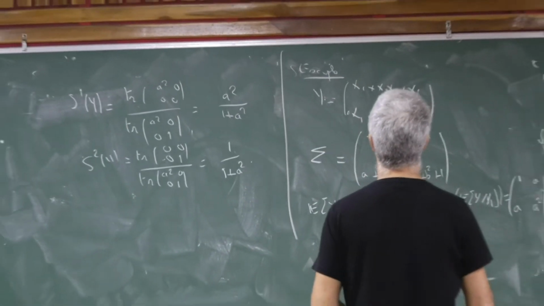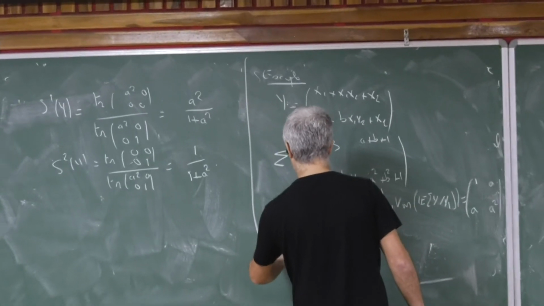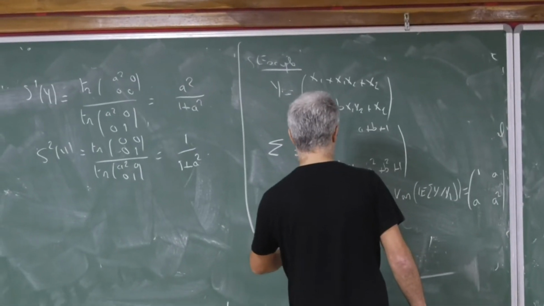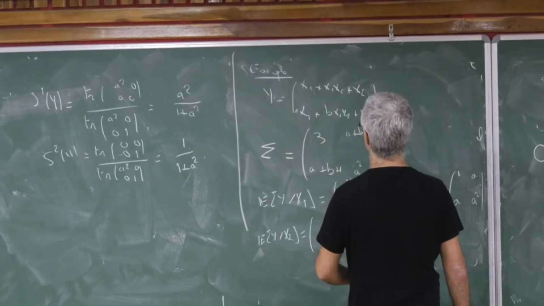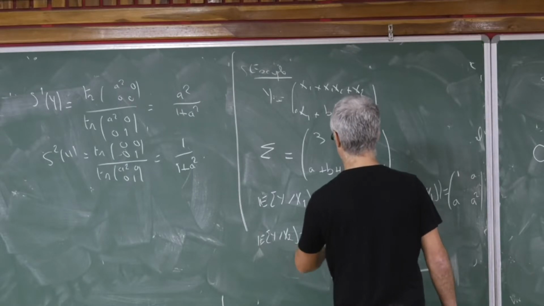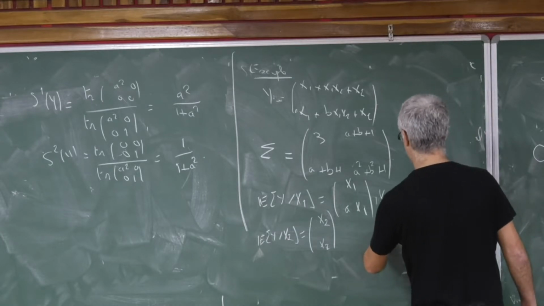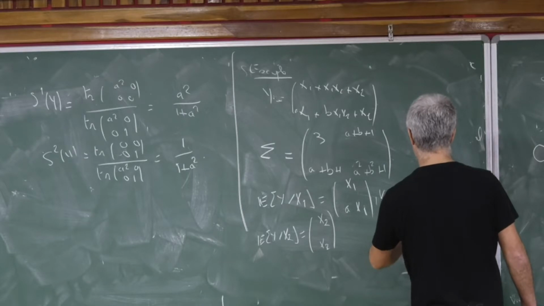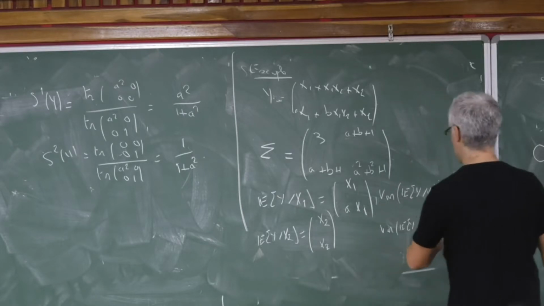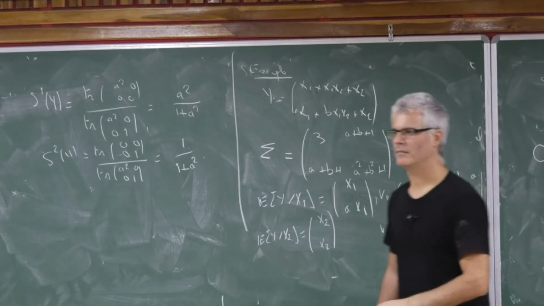And I do the same thing for the second variable. In x2, I just have x2 here and x2 here. So the variance is just 1, 1, 1, and 1.